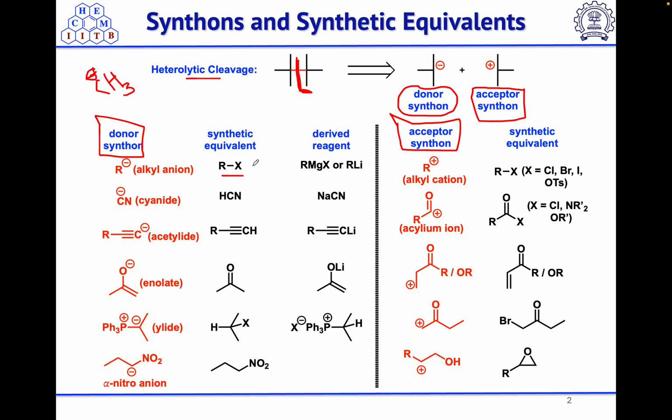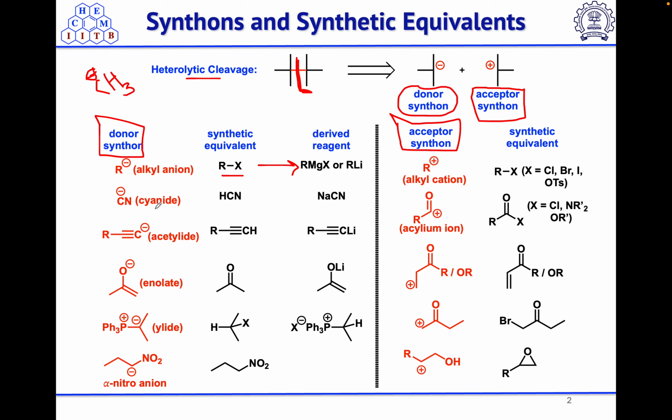We need to convert this methyl iodide or bromide to methyl magnesium bromide, methyl magnesium iodide or methyl lithium. So we generate some organometallic species, so that the metal center bears a positive charge and the carbon center bears a negative charge. In this way we can generate these alkyl anion species. Very interesting.